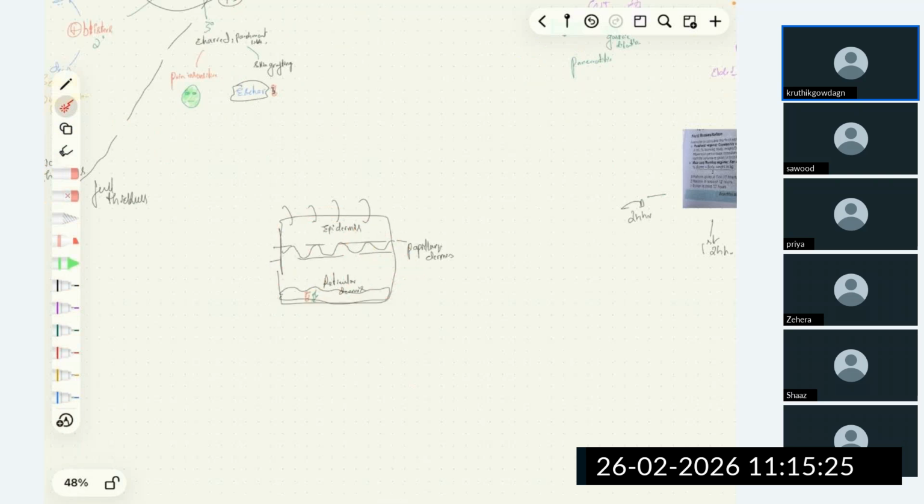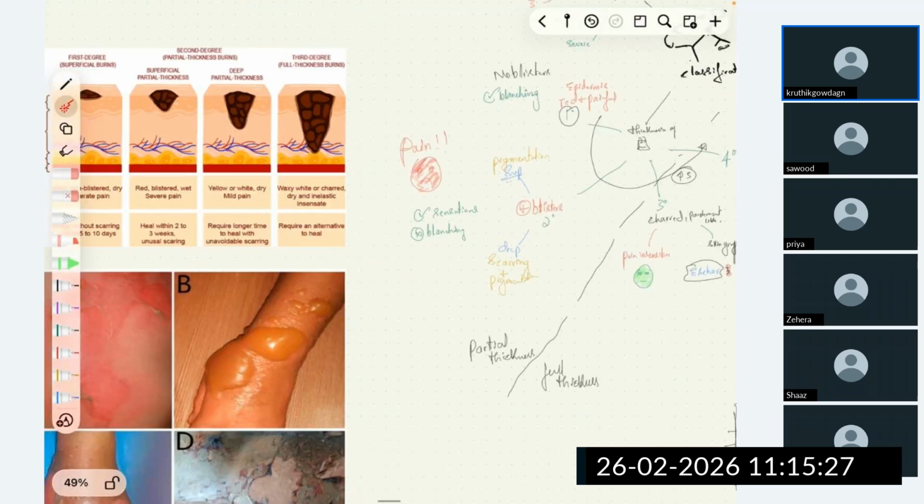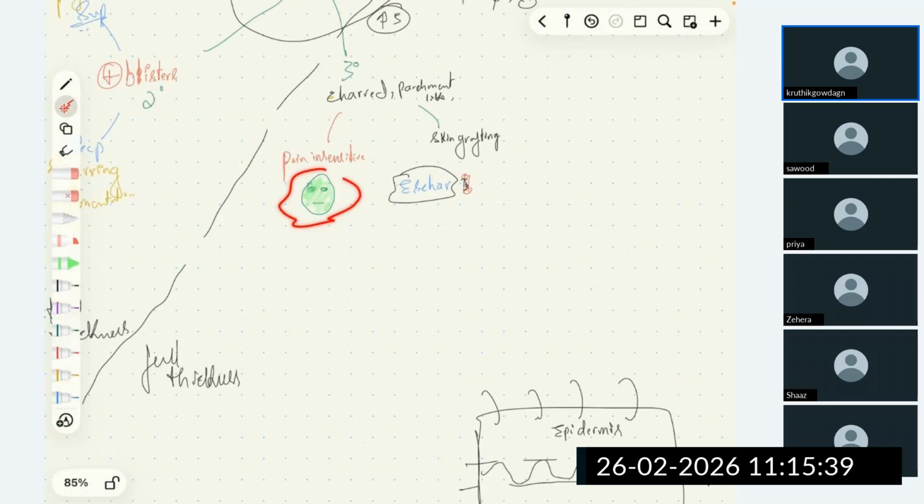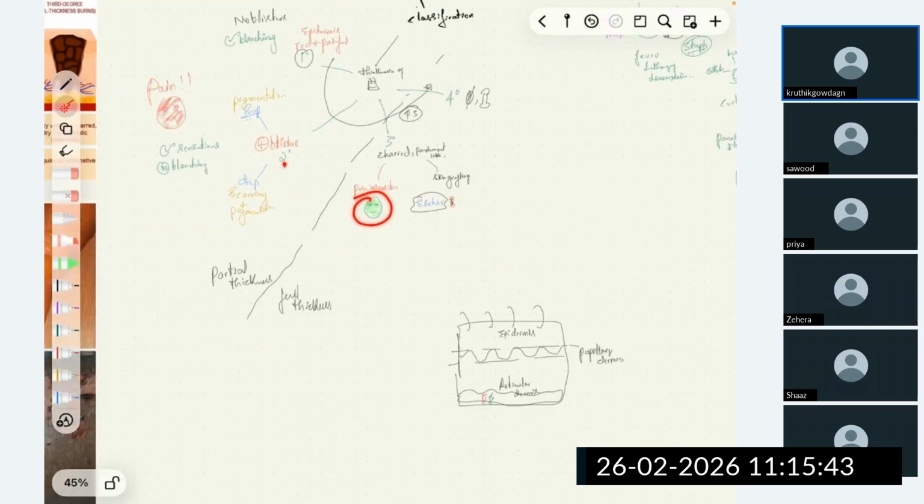Since the depth of the tissue is involved, the neuronal and vascular structures are affected, so the sensory nerve endings are not active. You will surprisingly see the patient will not complain of pain, even though the condition is more severe compared to second degree. In second degree, the patient will complain of pain. In third degree, the patient will not complain of pain.